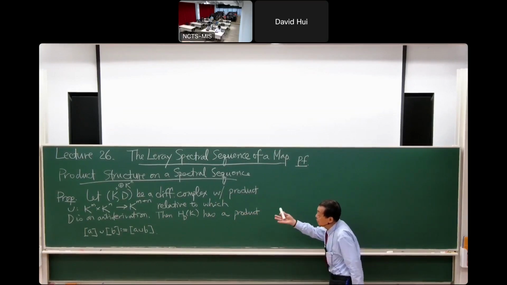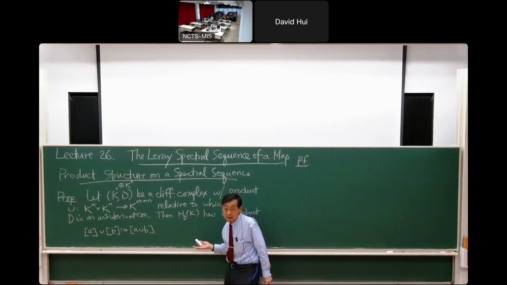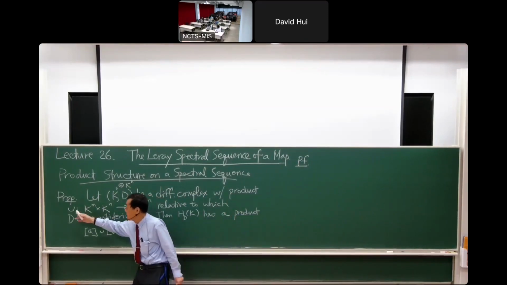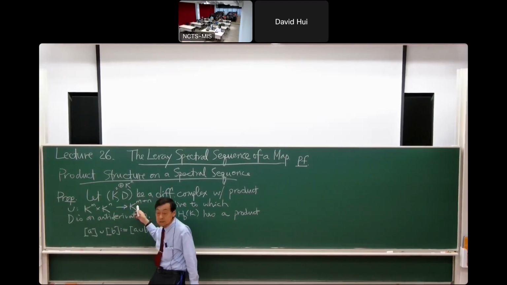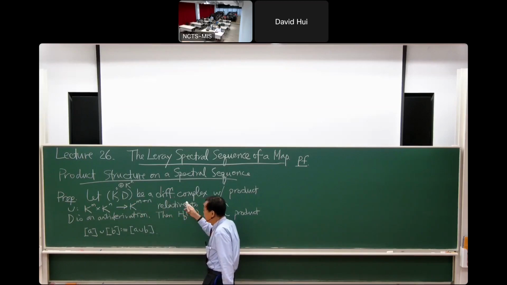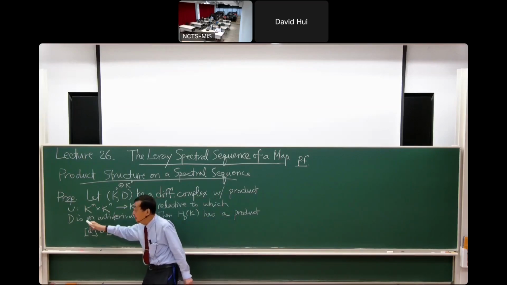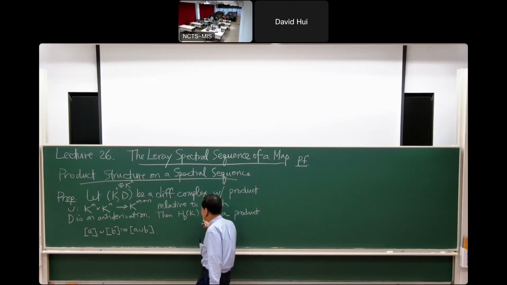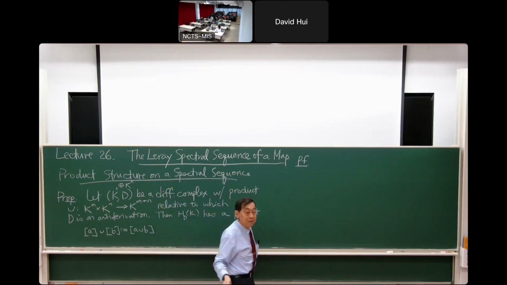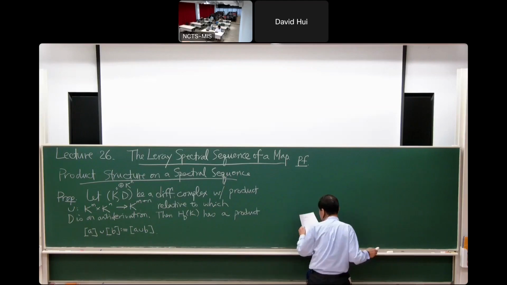An example of this would be the de Rham complex. The de Rham complex has a product given by the wedge product, and it has this property that the degrees add, and relative to the wedge product, D is an antiderivation. And you know that then on the cohomology, you also have a wedge product, okay? So it's the same kind of proof.